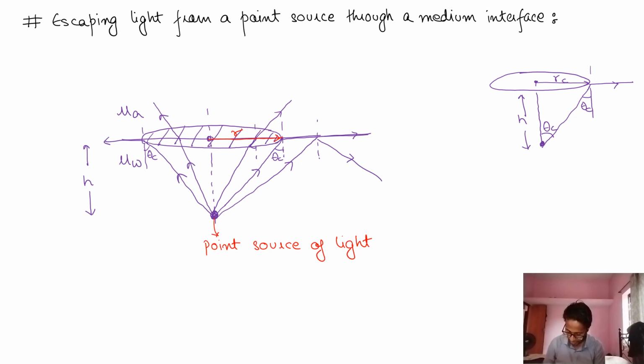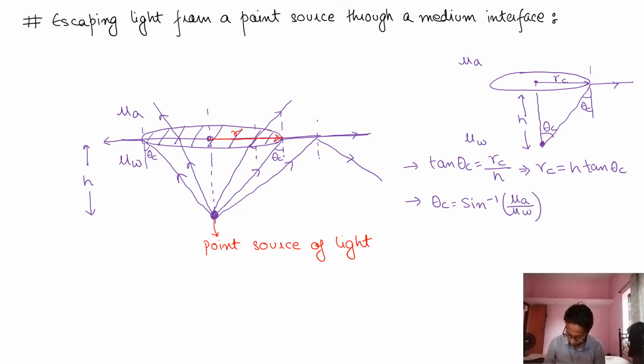So can I say tan theta c is equal to the radius of the circle divided by h, or R_c is equal to h into tan theta c, the tan of the critical angle? Now what is the critical angle? The critical angle is sine inverse of refractive index of air divided by refractive index of water.